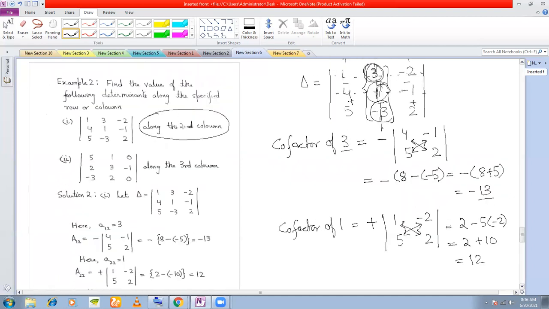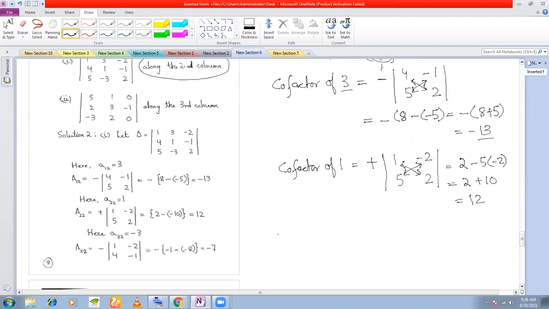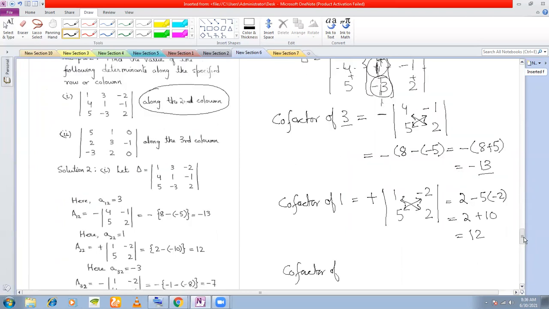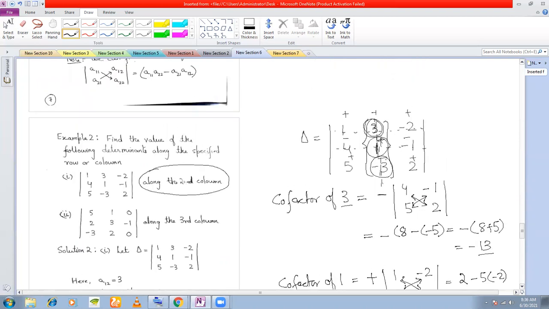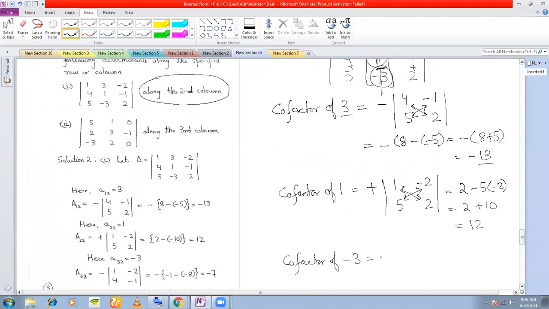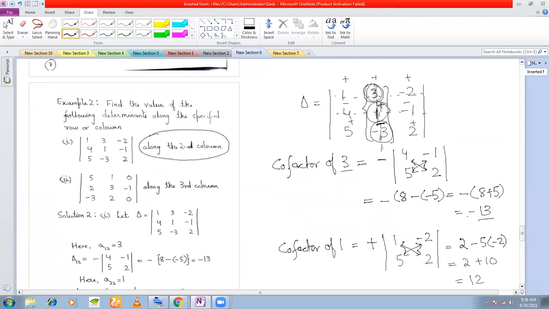Next we proceed to calculate the cofactor of this element, -3. What is the sign of this position? This is a minus sign, so we give a minus sign. Now, to find the minor, we cancel out this row and this column.